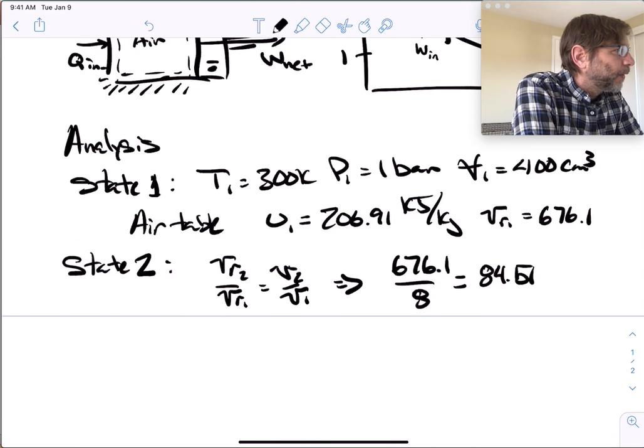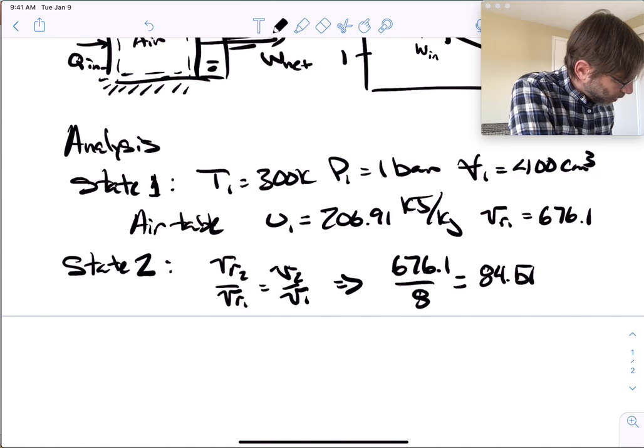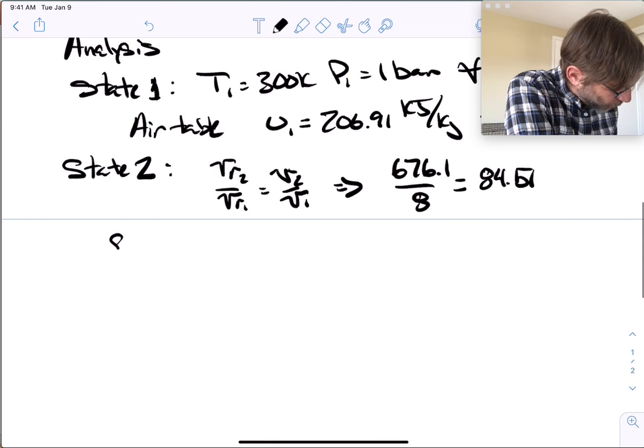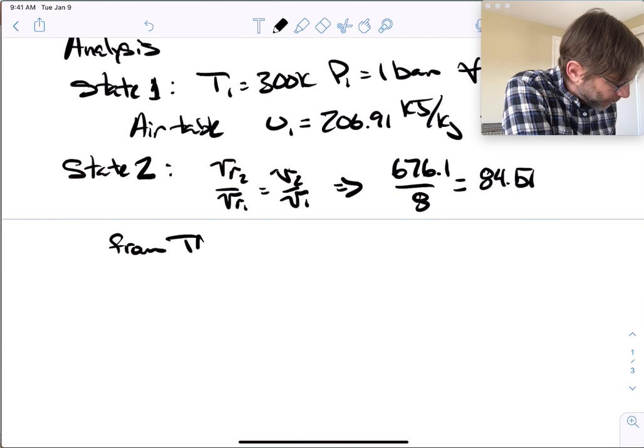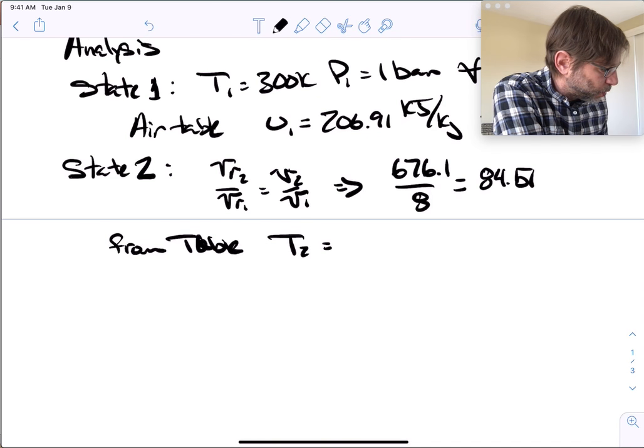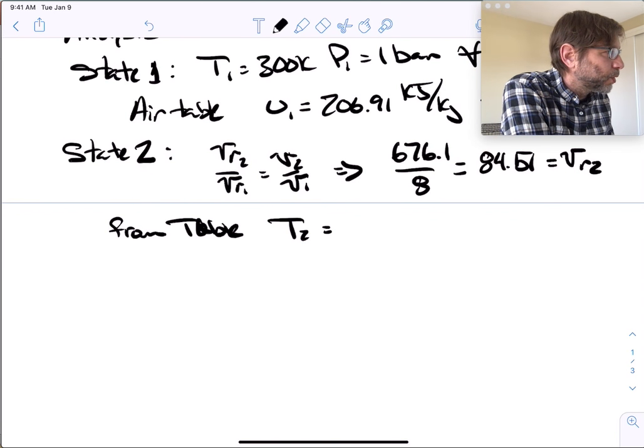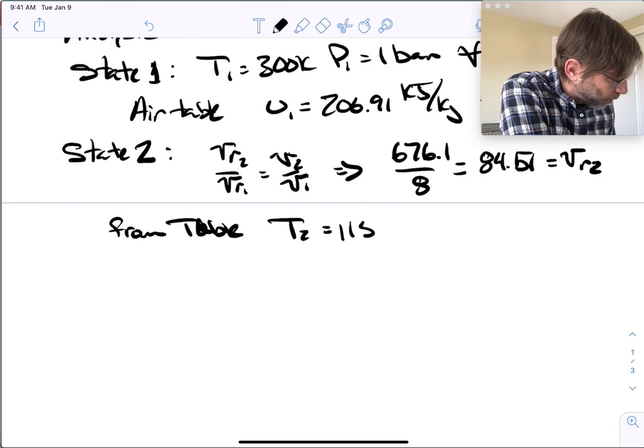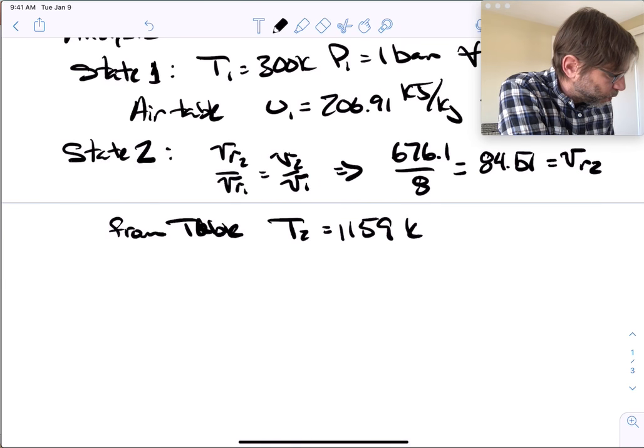84.5151. And then T2, looking this up in the table, looking at the vr2, so T2 is equal to 1159 K, using interpolation.